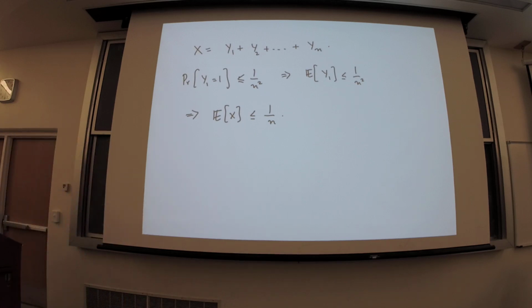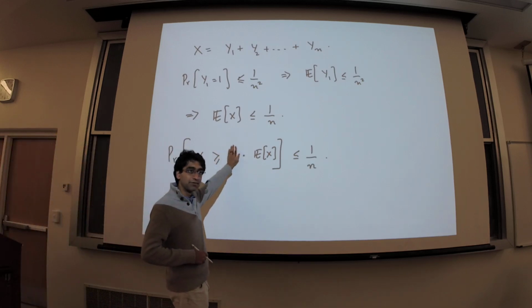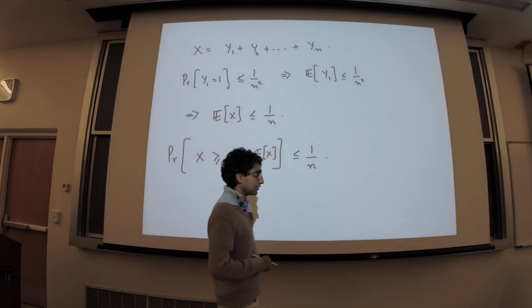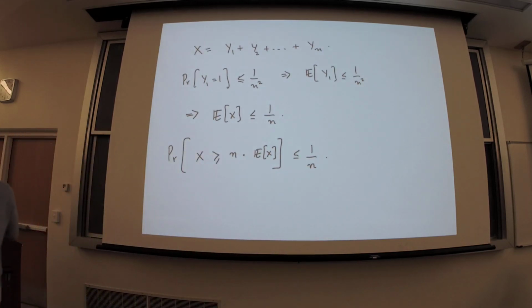And now I can use Markov to conclude that the probability that x is more than n times the expected value of x is less than or equal to 1 by n. This n is like the t that you have in Markov, so this is 1 by t.